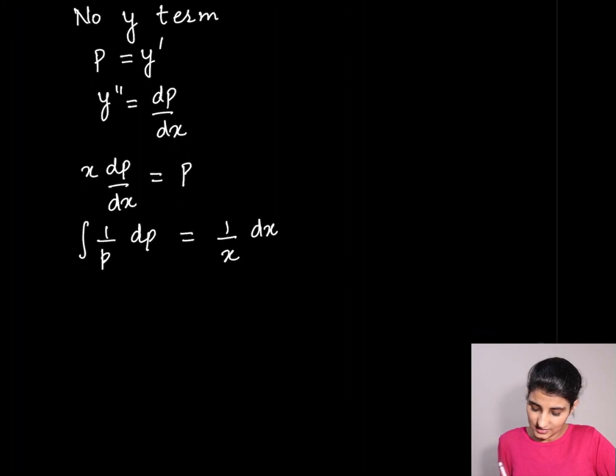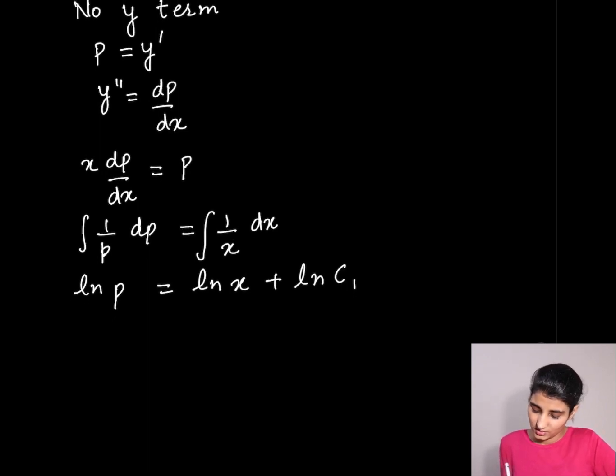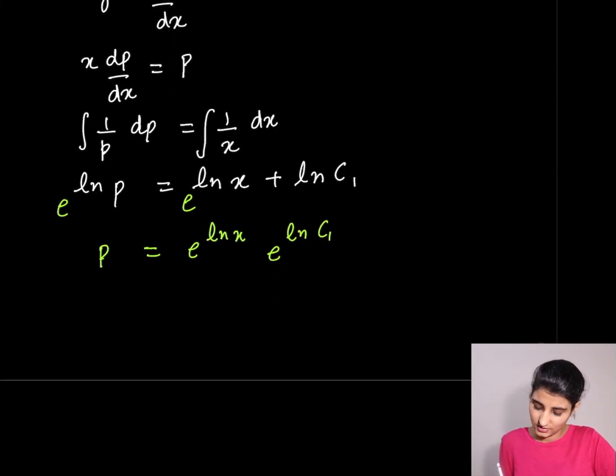Integrating, we get ln p equals ln x, plus a constant of integration, say c1. Okay, so if we take the exponential function on both sides, we will get p equal to e to the power ln x times e to the power ln c1. So p is equal to c1 x.